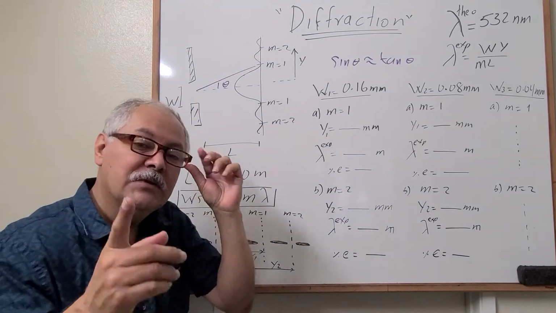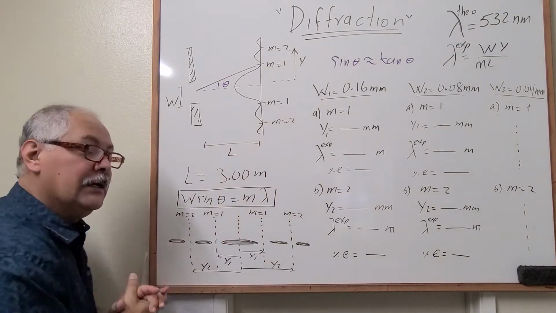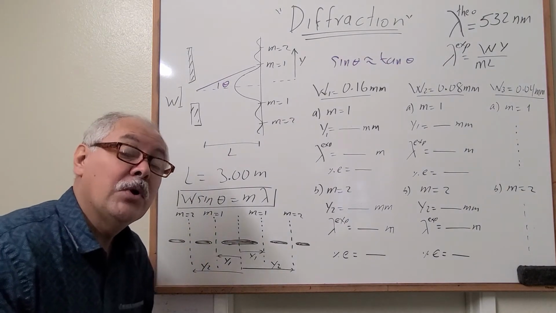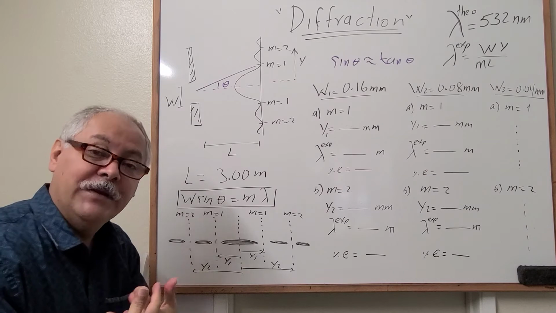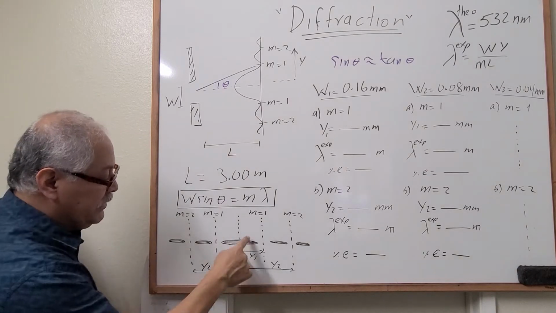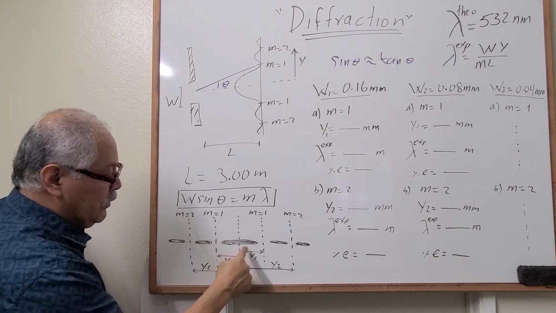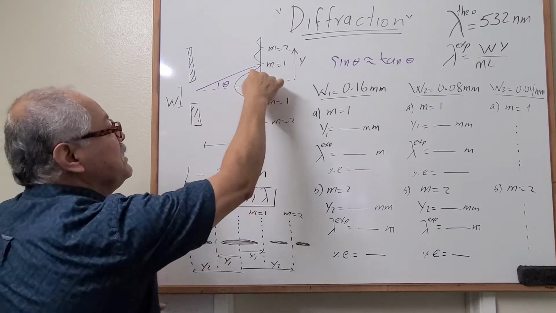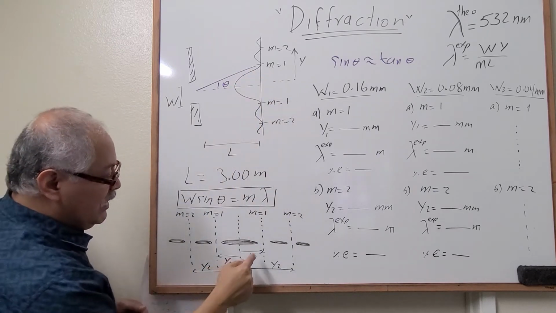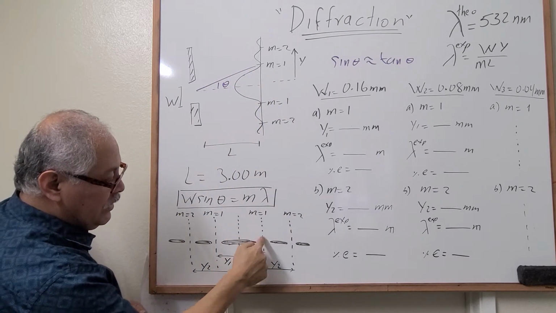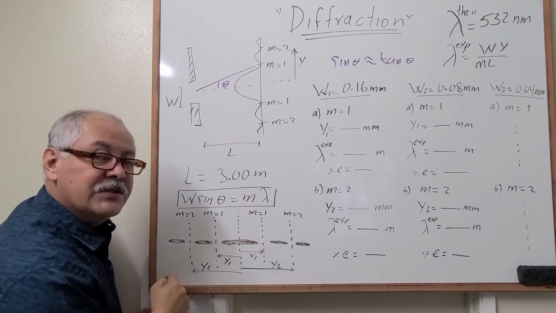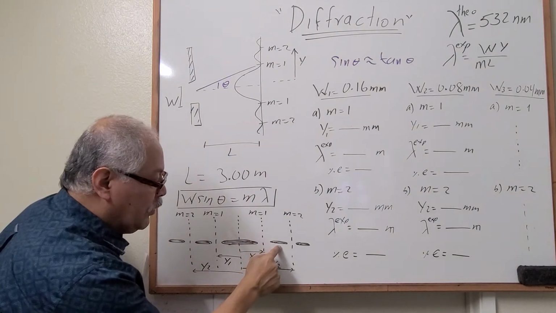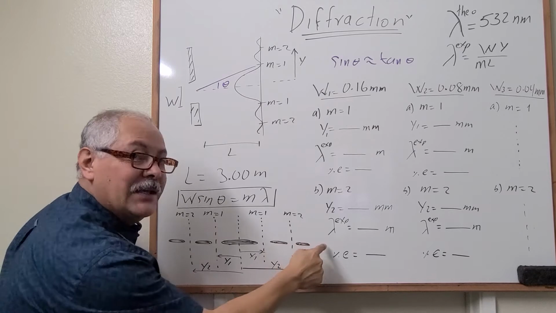By the way, in this case, this is the pattern, the picture that we are having in this experiment, correct? At the center, we have this very bright spot, representing the center right here. And then M equals 1 is when we get the first dark fringe, then bright fringe, dark, bright, and so on.